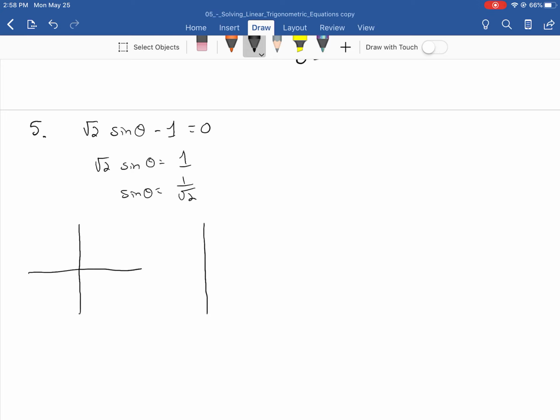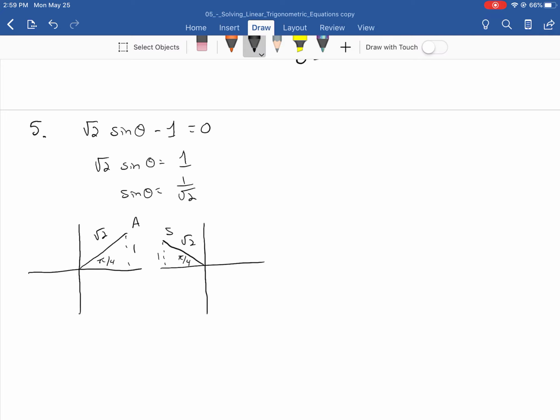Now to go through all these steps again. Sine theta equals 1 over root 2. And the important part about that is we're talking about positive 1 over root 2. So we want to be in the all positive quadrant and in the S sine positive quadrant. And this time, I don't have to use sine inverse because it's a special triangle.